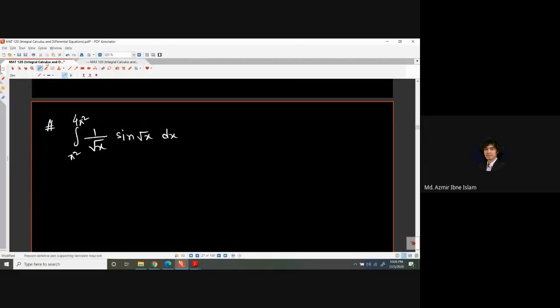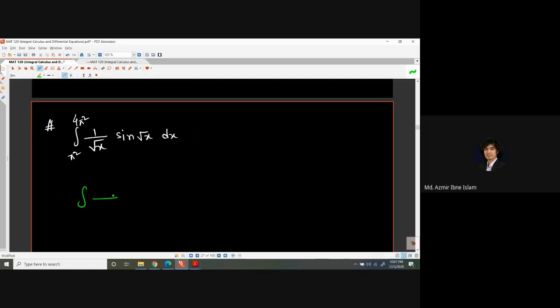So this is a definite integral, because we have a lower limit and an upper limit involved. So at first, we can find the antiderivative for the respective indefinite integral.